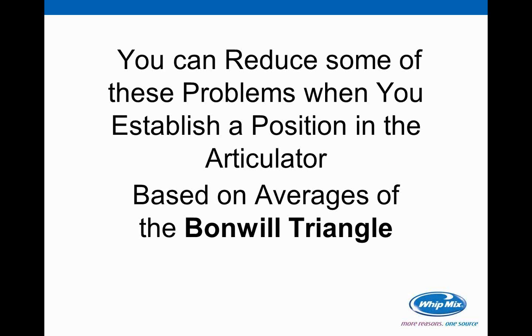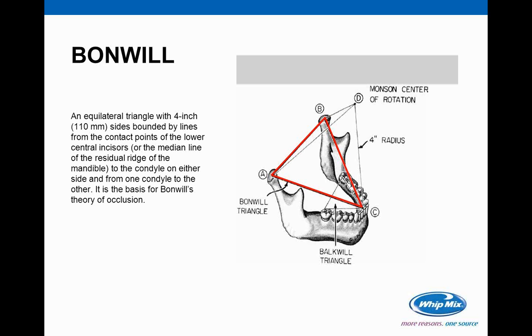Well, you can reduce some of these problems if you establish position in the articulator using the averages of the Bonwill triangle. Now, we talked about Bonwill before and his theories, and so let's just touch on it once again. Bonwill is an equilateral triangle with 4-inch or about 110 millimeter sides bounded by lines from the contact points of the lower central incisors.